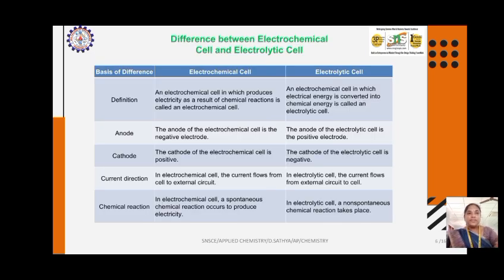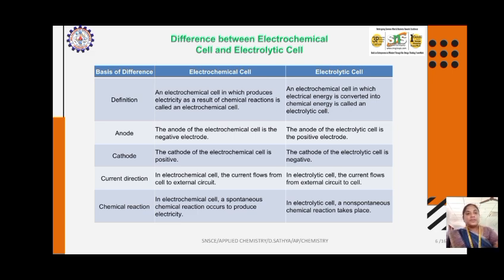These are the differences between the electrochemical cell and the electrolytic cell. The electrochemical cell produces electricity from the chemical reaction, while in the electrolytic cell, electrical energy is converted into chemical energy. The anode of the electrochemical cell is the negative electrode, while the anode of the electrolytic cell is the positive electrode.